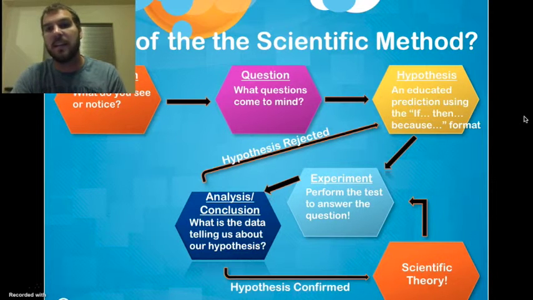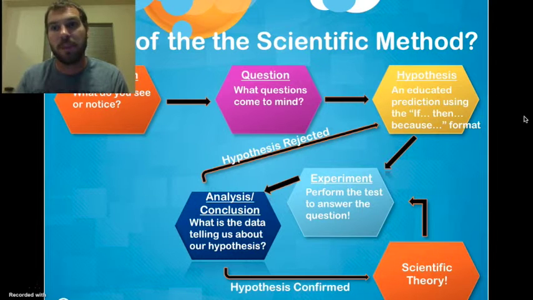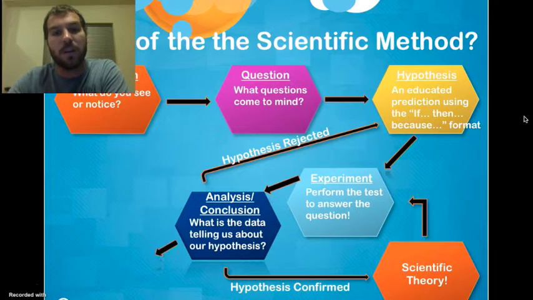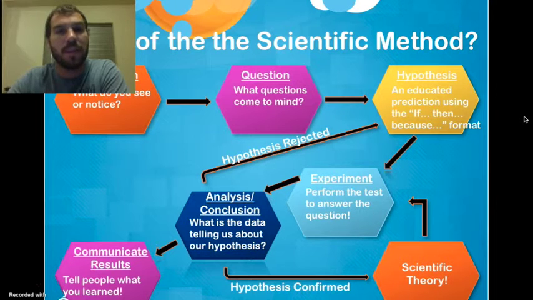Technically, the process of science is never over, and either ourselves or other scientists might want to confirm that we're correct. They'll go back through and perform the experiment again to confirm. No matter if the hypothesis is rejected or confirmed, we always communicate our results.